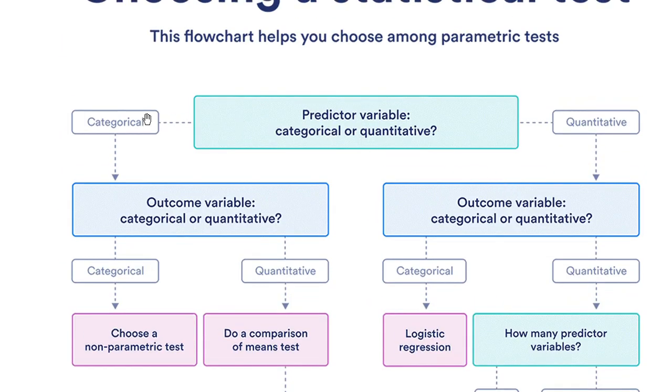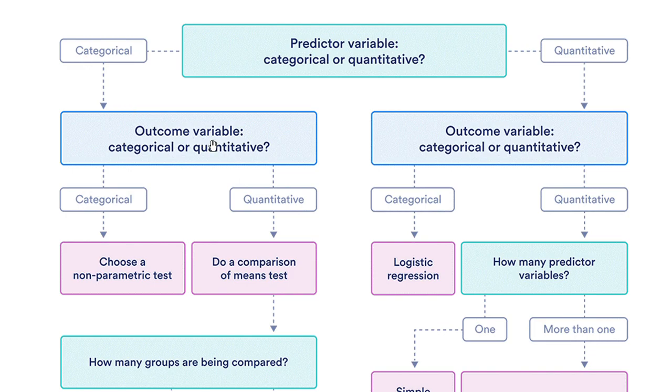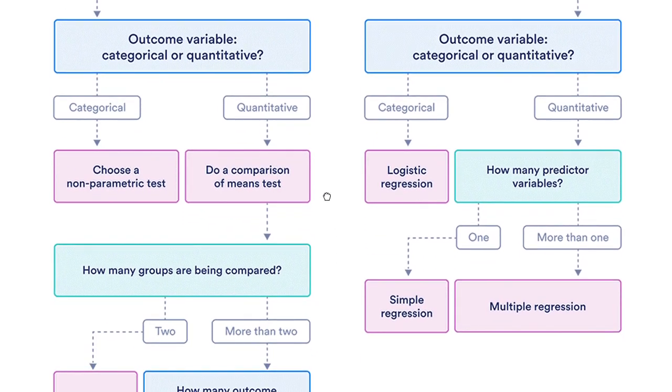Further, if I move leftward, if my independent variable is categorical, maybe nominal or ordinal, and my dependent variable is also categorical, I should go for a non-parametric test. But if my dependent variable is ratio scale or quantitative, I should go for a comparing means test.